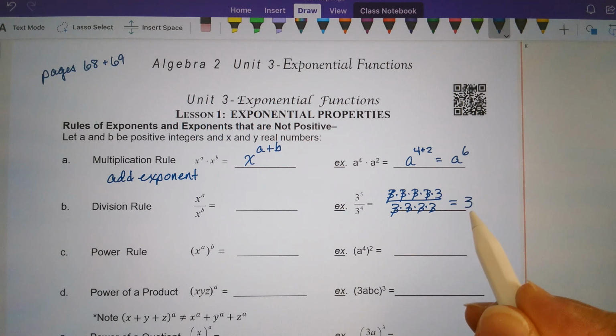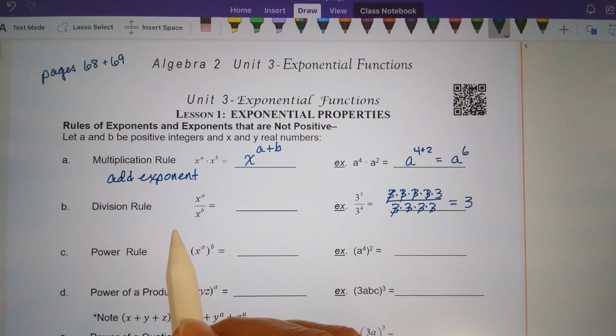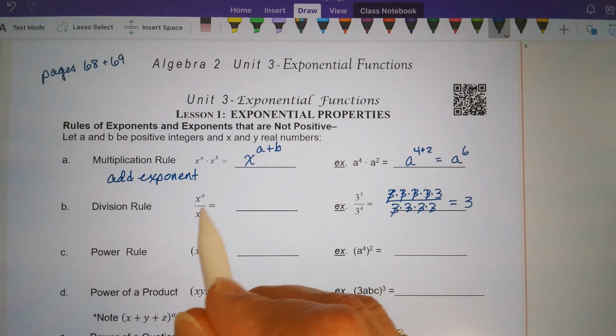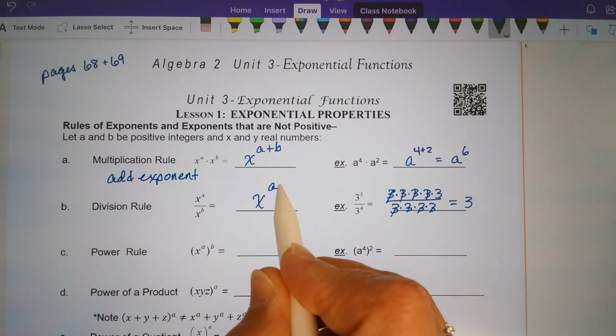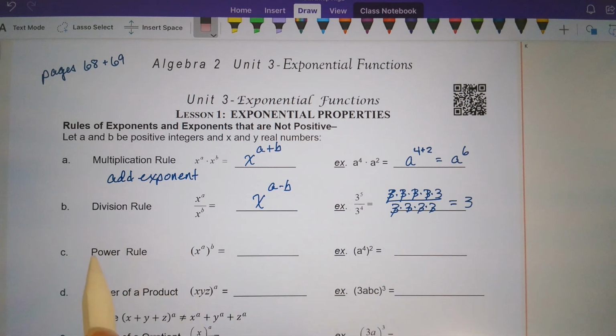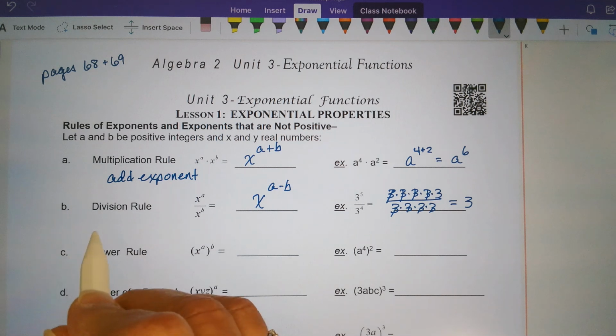So that would be 3 to the first, which is simply 3. Well, what do we do with 5 and 4, the exponents? We subtract them. The general rule, x to the a divided by x to the b, is going to be x to the a minus b. So when dividing, we subtract our exponents.